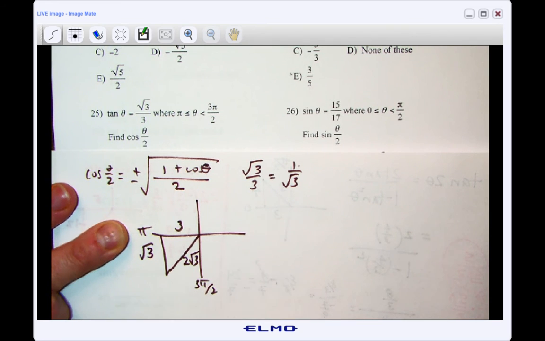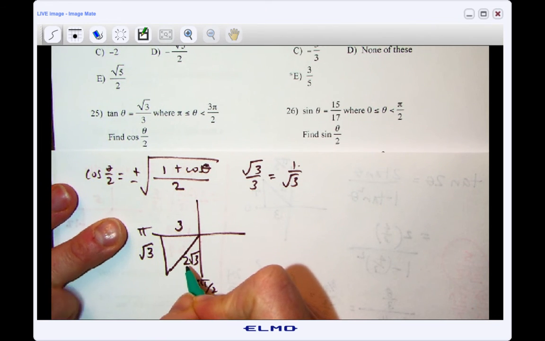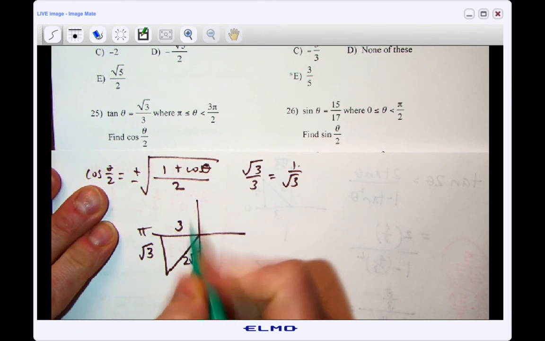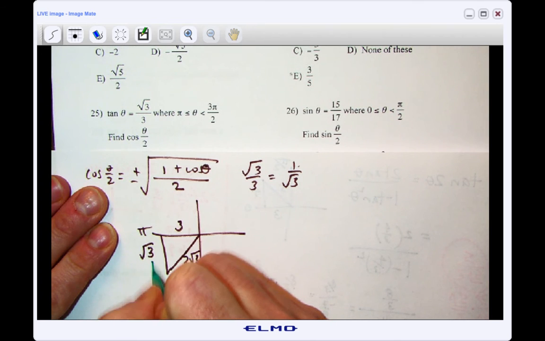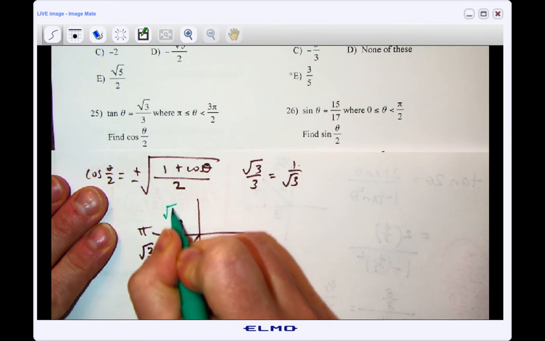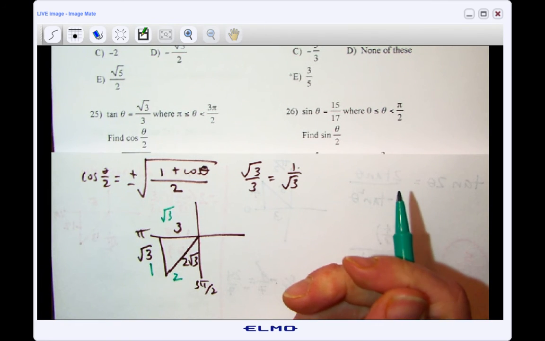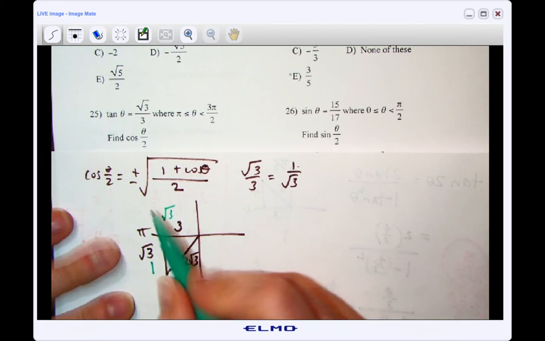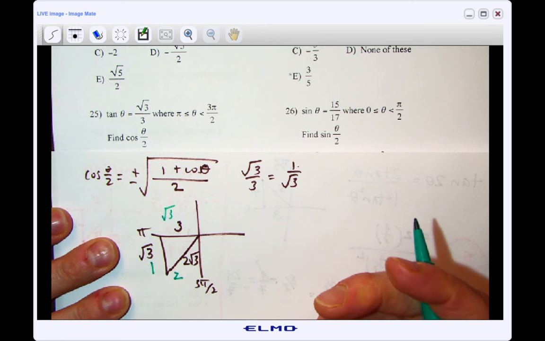So again, if it's me, I'm going to divide them all by the root 3. And I'm going to get 1, root 3, 2. So opposite. Either way you think about it, it doesn't really matter. Okay? But these numbers are easier to put into your formula. So I'm going to use my little green numbers.